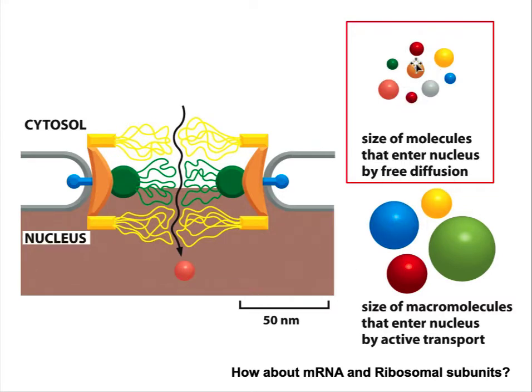So small molecules can enter the nucleus and leave the nucleus by negotiating their own way past these fibrils. However, larger molecules, the size of most nuclear proteins and beyond, have to be chaperoned into the nucleus or out of the nucleus by those receptor proteins.